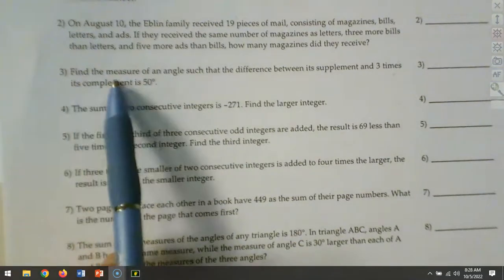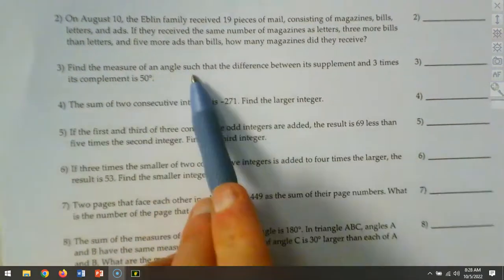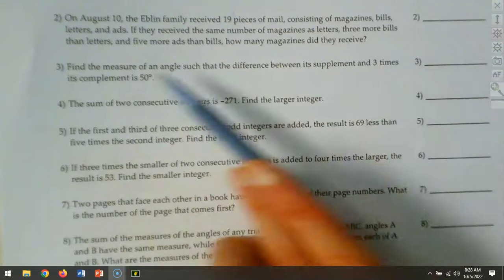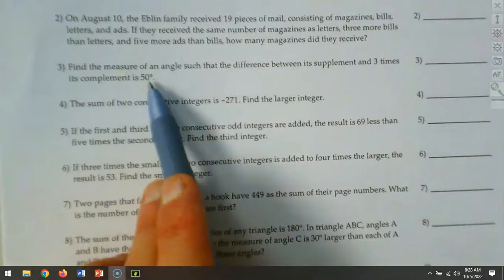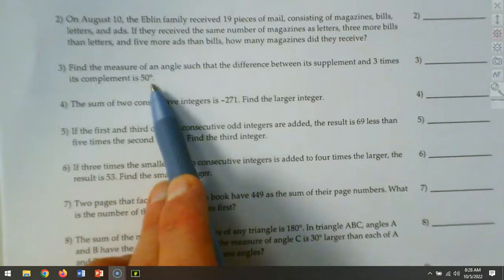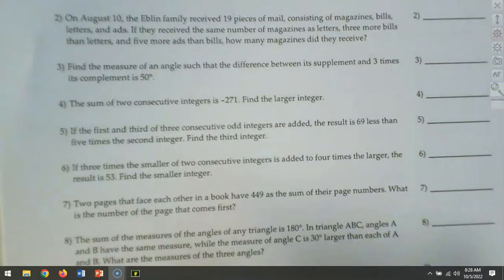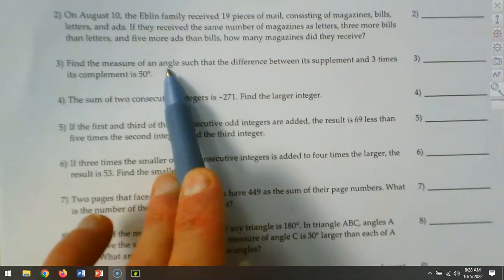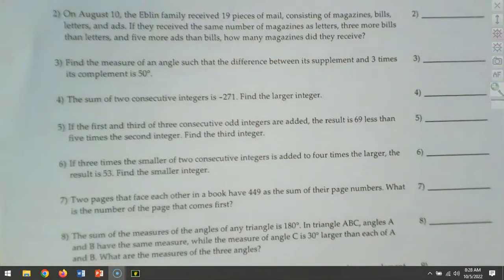Find the measure of an angle such that the difference between the supplement and 3 times its complement is 50 degrees. Now let's think about this in terms of each part. Find the measure of an angle. That tells me that I'm solving for x. When it says find the measure of an angle, that means find x.